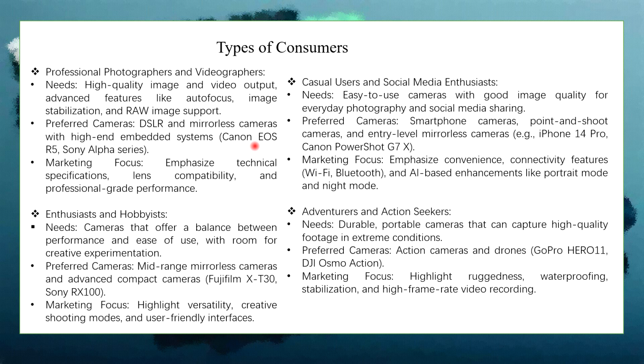Casual users and social media enthusiasts need easy to use cameras with good image quality for everyday photography and social media sharing. Preferred cameras: smartphone cameras, point and shoot cameras, and entry-level mirrorless cameras.